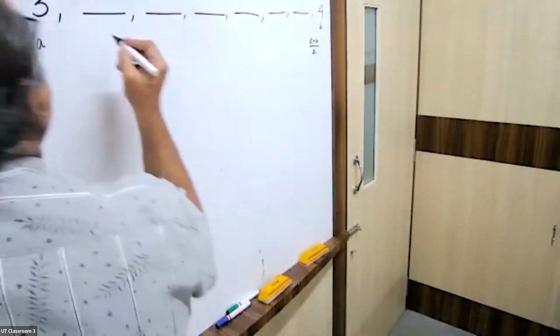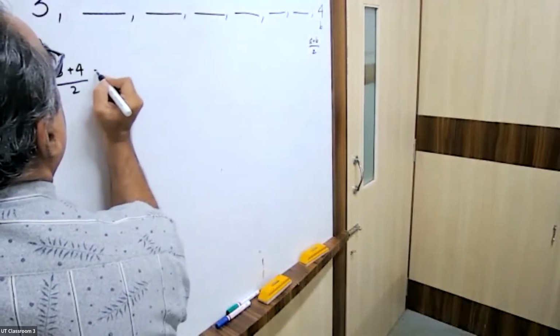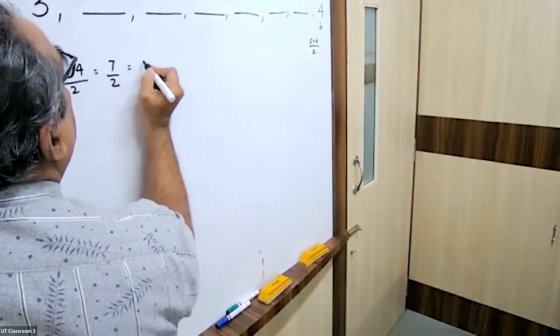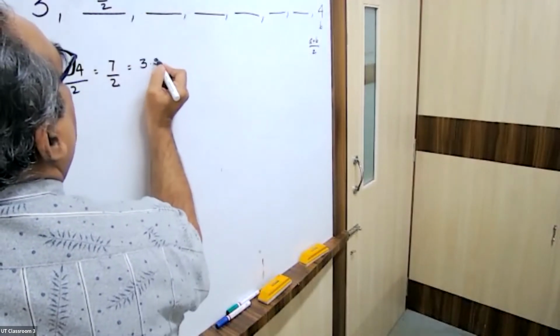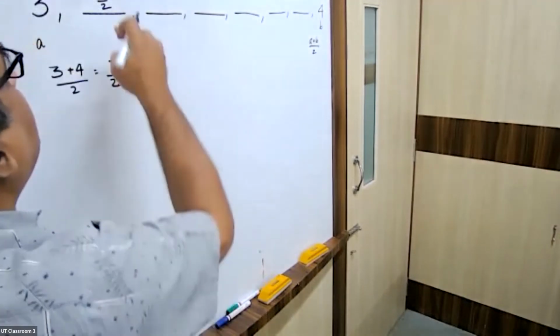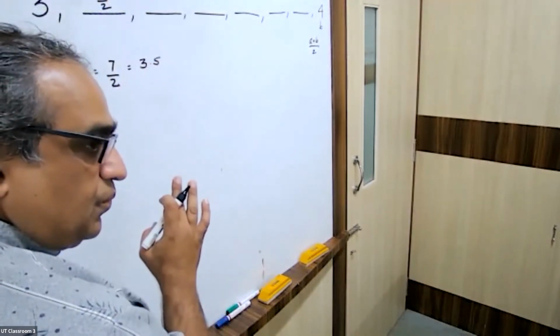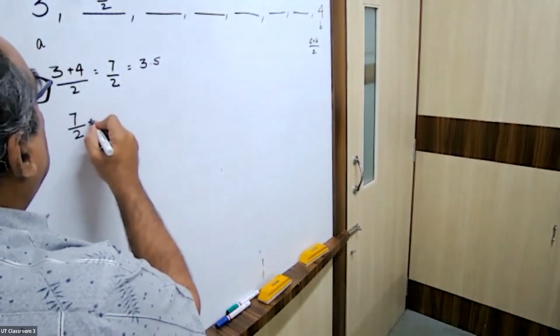Watch. So I start. 3 plus 4 by 2, 7 by 2. I can write it as 3.5. Yes or no? But here I have 7 by 2. Now the next one. 7 by 2 plus 4 by 2.